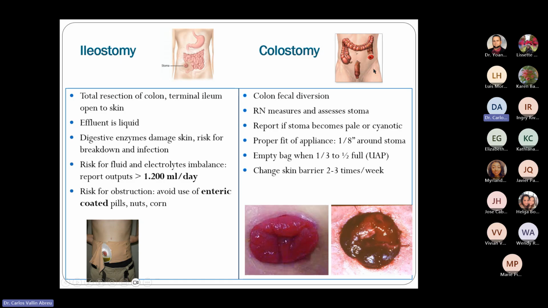You need to review in fundamentals how to change the appliance, okay? That needs to be changed two times per week or one time per week. And remember that you only delegate to the CNA emptying the bag.